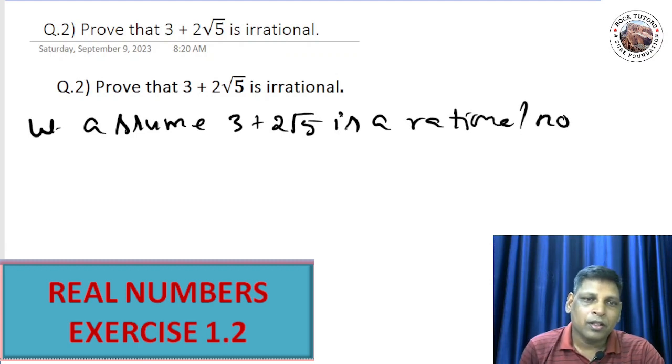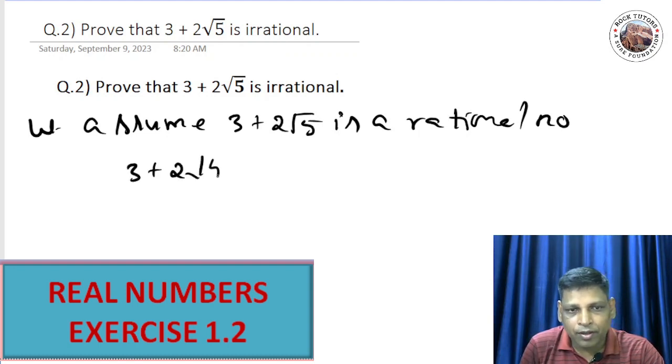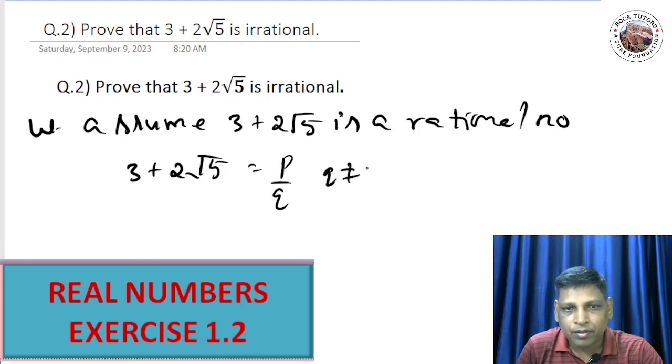Then we can write 3 plus 2 root 5 is equal to p by q. Here q is not equal to 0, and p, q are integers.